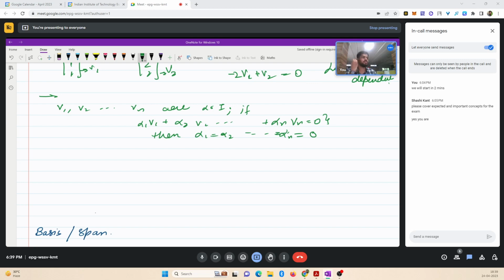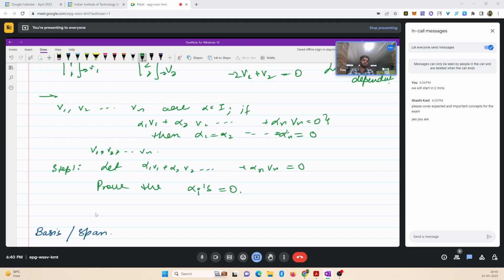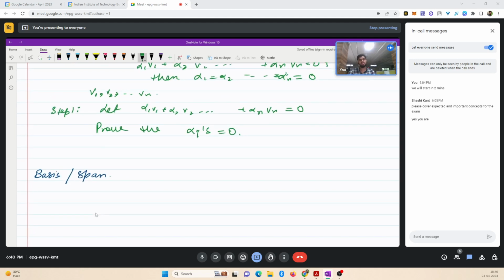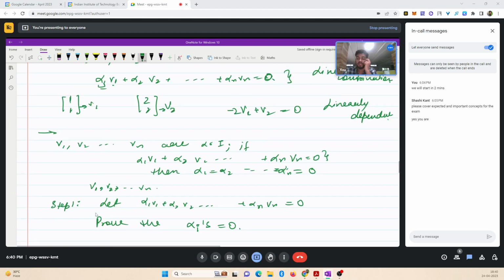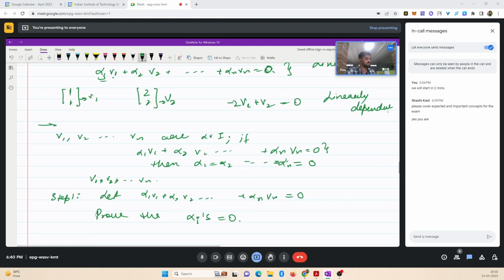Like if you are asked to prove that v1, v2, ..., vn are linearly independent, then the first step is to let alpha 1 v1 plus alpha 2 v2 plus ... plus alpha n vn be 0, and then you prove that all your alphas are equal to 0. Okay. So this is what we mean by linear dependence and linear independence.